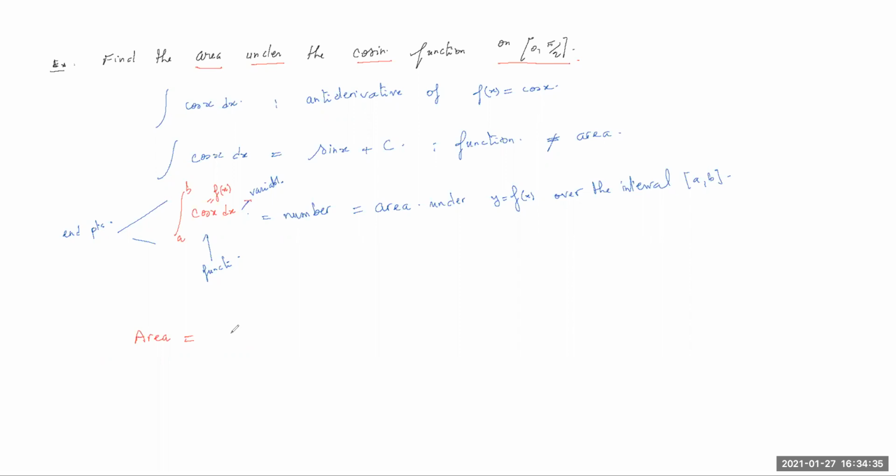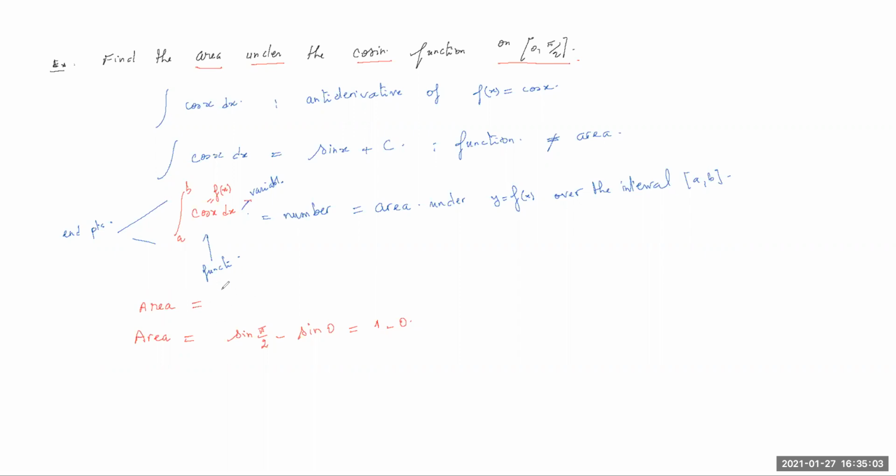Would it be sine of pi over 2 minus sine of 0? Yes, this is your calculation. It's correct because you used the theorem. But before giving the answer, what would be your formula using the integral symbol?